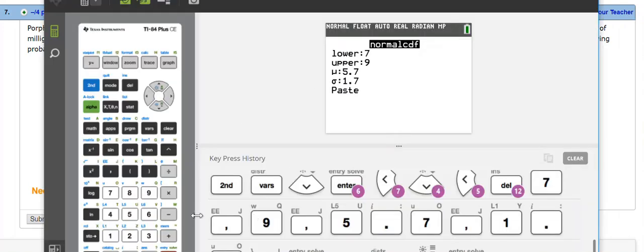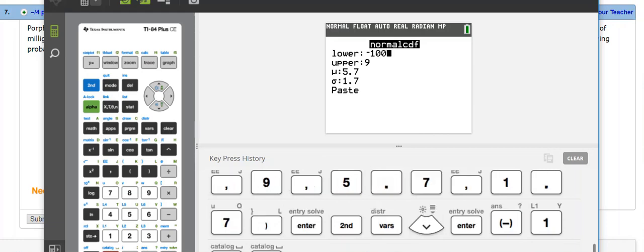Well, there is no negative infinity in our calculator. So what we have to do is enter in a number that's really, really big on the negative side. So not negative infinity, but negative, let's say, 100,000. That's big enough to the negative. That's not negative infinity, but as far as our calculator calculation goes, that's negative infinity enough.